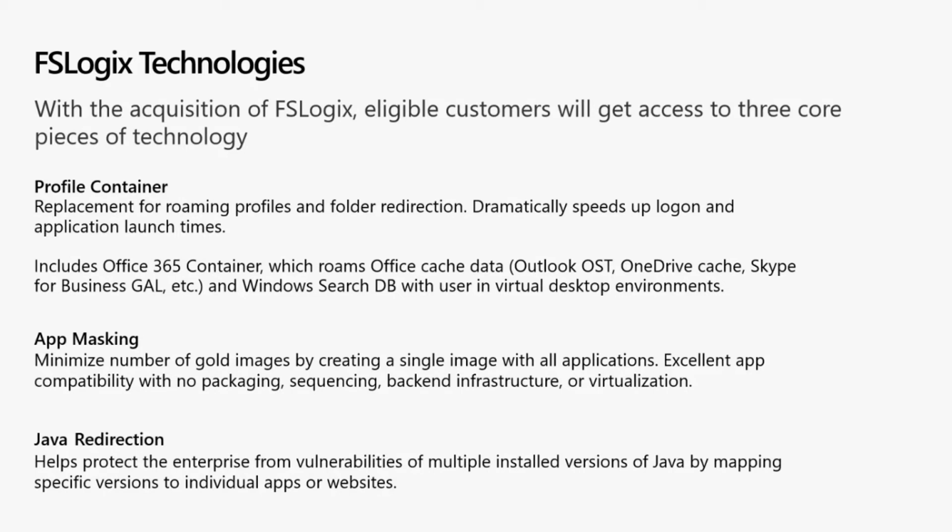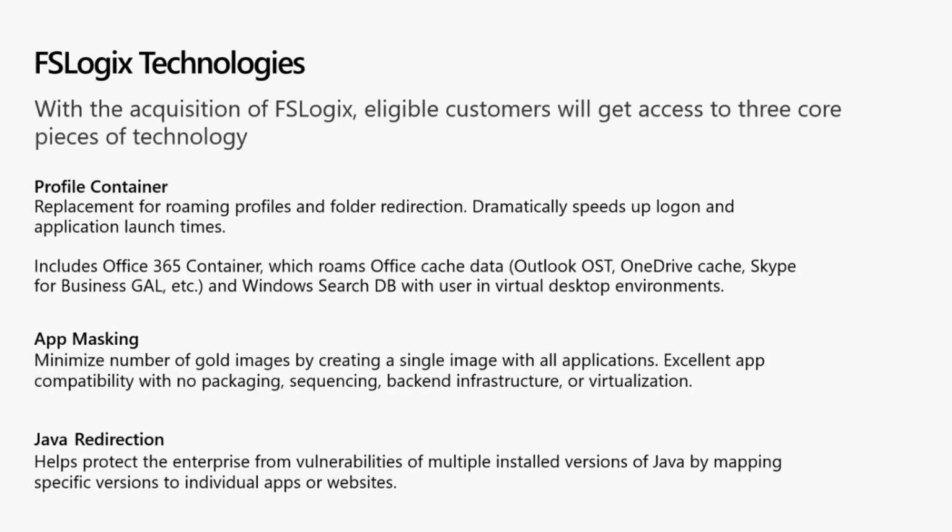We'll talk about app masking. Let's say you have 100 applications that you want to distribute to end users. As an example, suppose you have a user called John. He has access to 10 different applications. Another user, Peter, has access to another 15 applications.